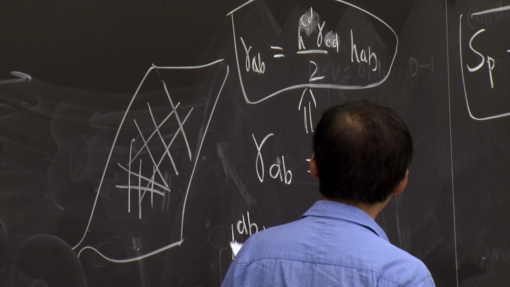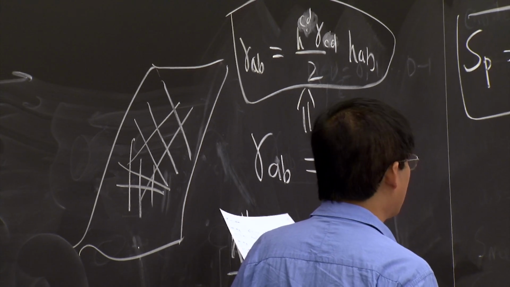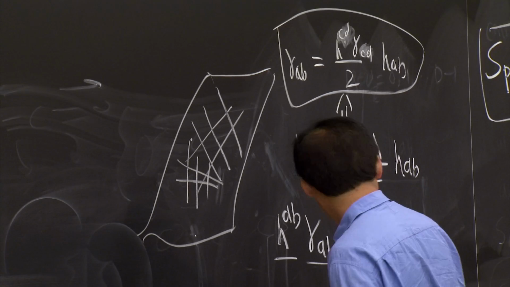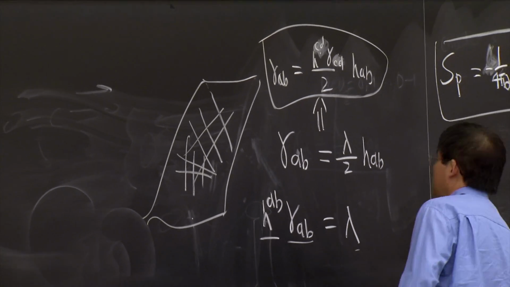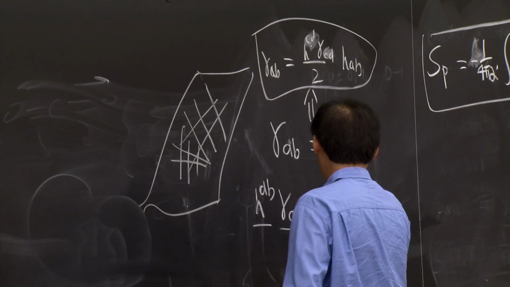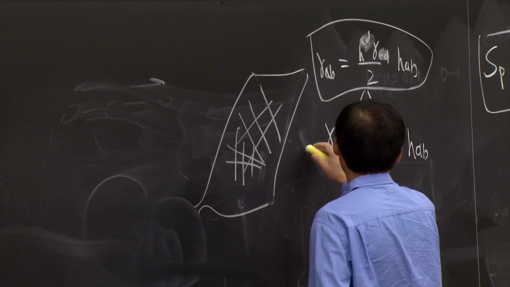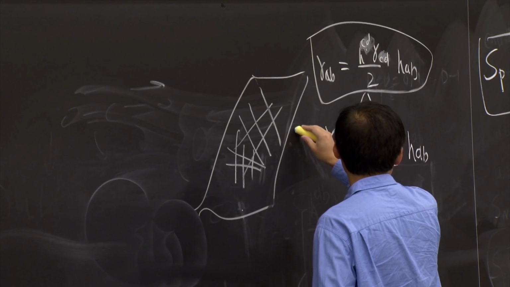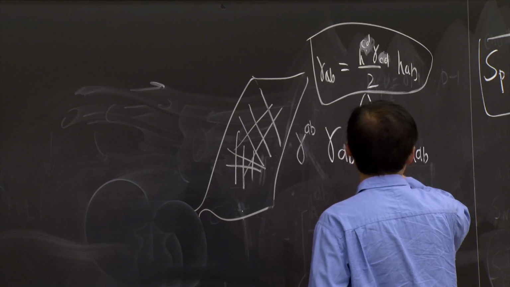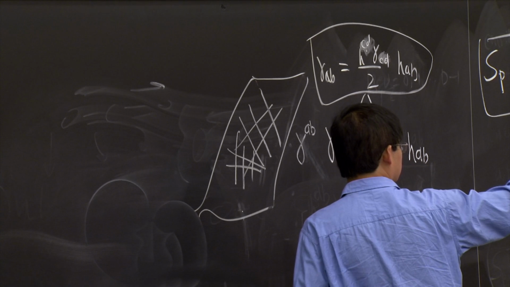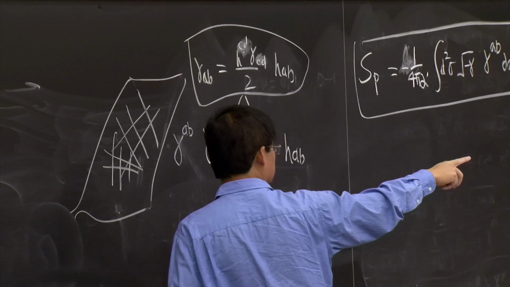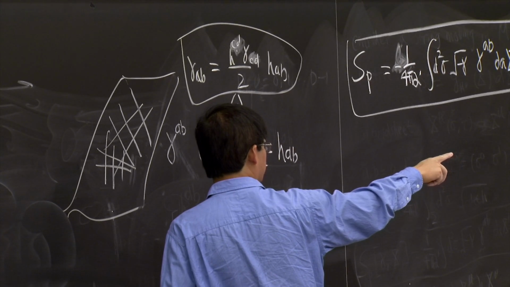To be exactly the same as that equation, I contract both sides with gamma AB.